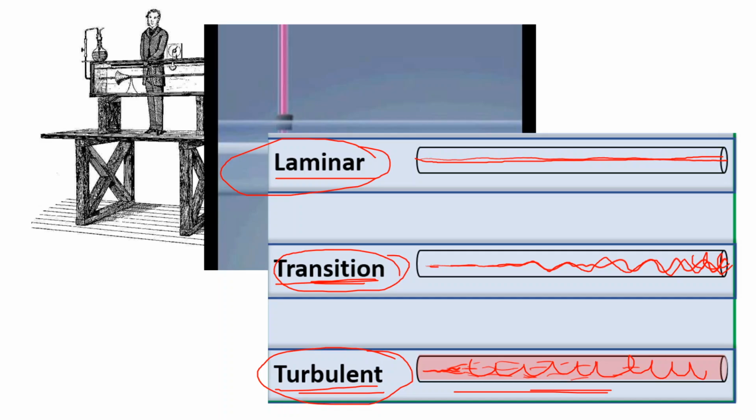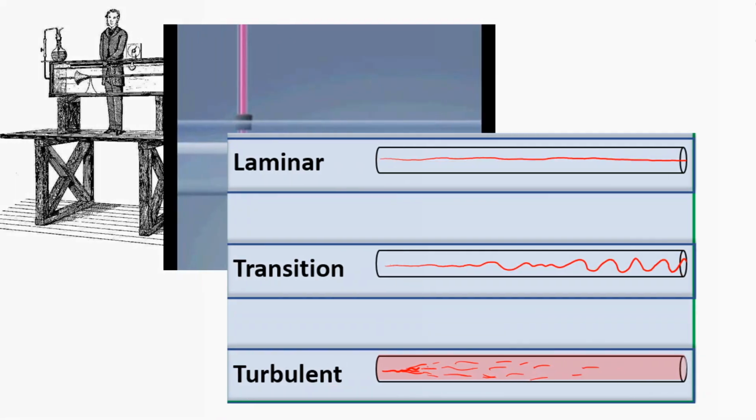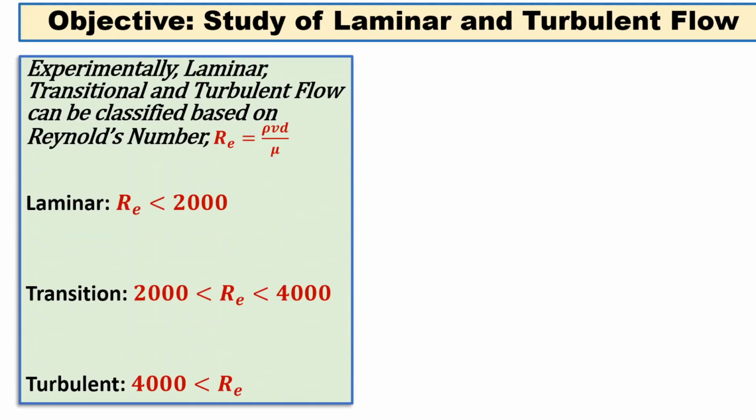So in our laboratory experiment, we'll study the laminar, turbulent, and transitional flow. Experimentally, these can be classified based on Reynolds number, which is given as Reynolds number equals rho Vd by mu. Rho is density of the fluid, V is the velocity, d is the diameter of the pipe, and mu is the viscosity.